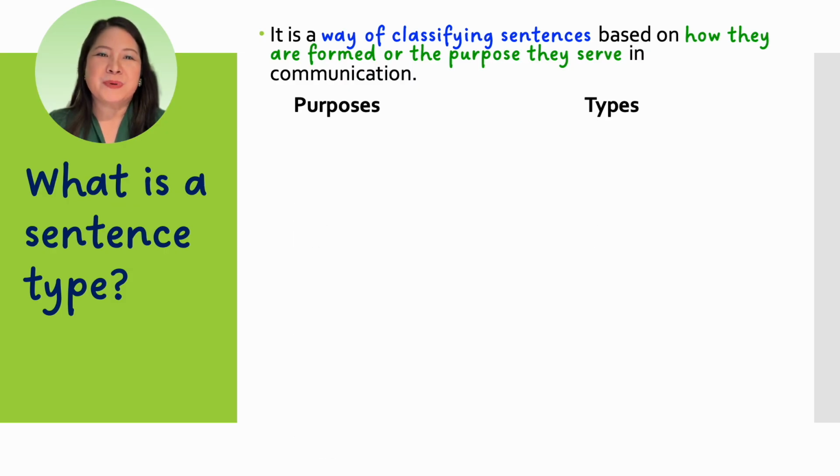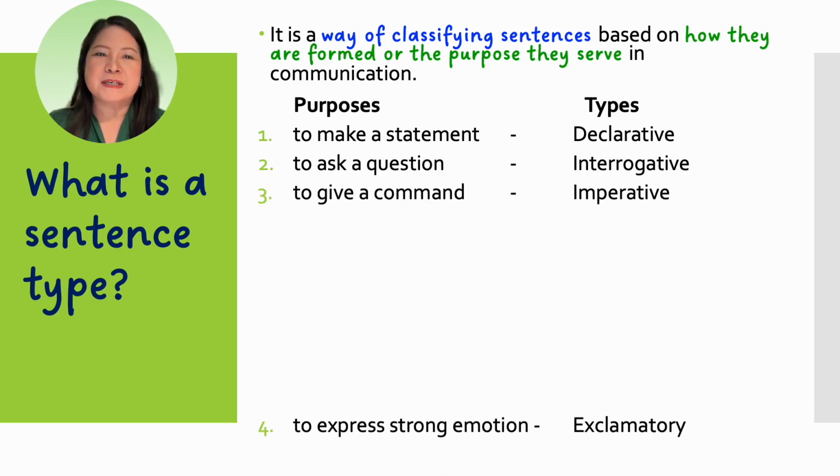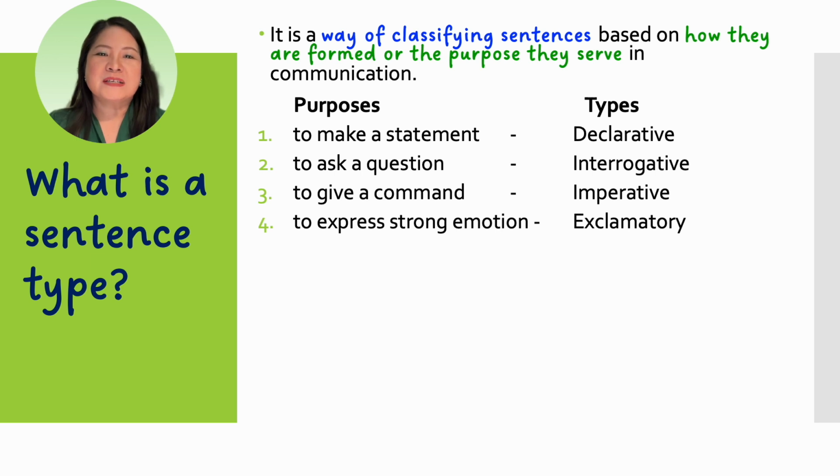Let's take a look at the purposes and the types. The purpose is to make a statement, then the type is declarative. To ask a question is interrogative. To give a command, imperative. And to express a strong emotion, exclamatory.